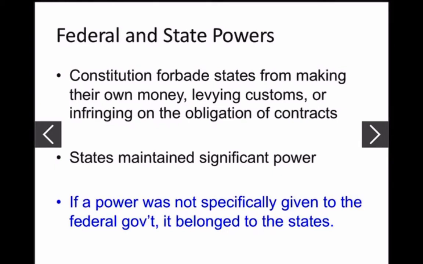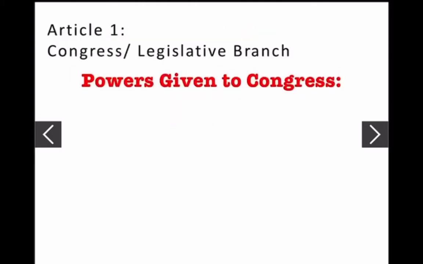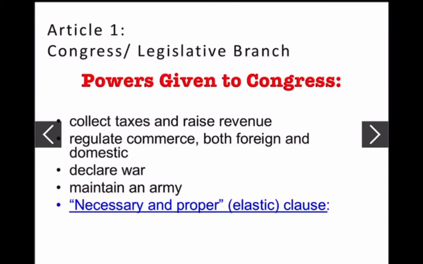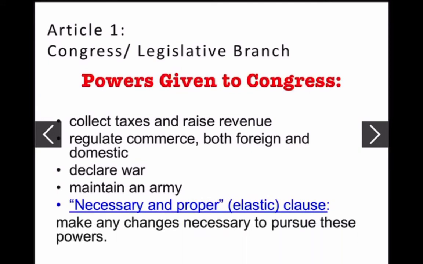Now, this is where, like I said, it gets complicated, because if you remember in Article 1, in the powers given to Congress, what does it say? Anything that is necessary and proper, then Congress can go ahead and pursue that power. So it has flexibility.